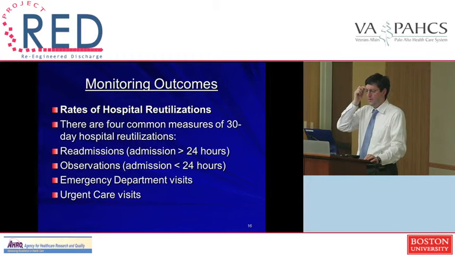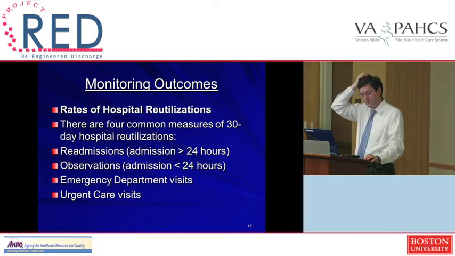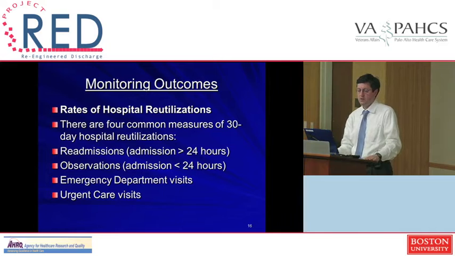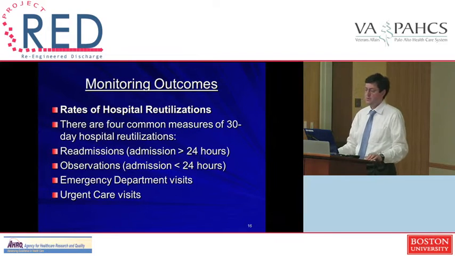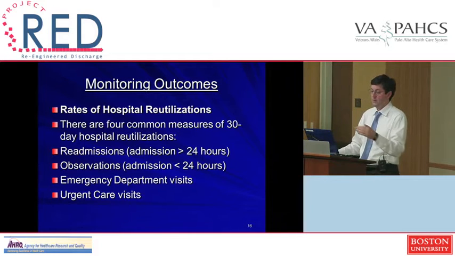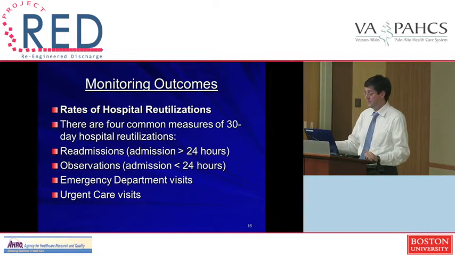There are 4 common measures of 30-day hospital utilization: readmissions, more than 24 hours; observations, less than 24 hours; emergency department visits; and urgent care visits. It's probably reasonable to separate those out, because an intervention like Project Red could impact one and not the others necessarily.